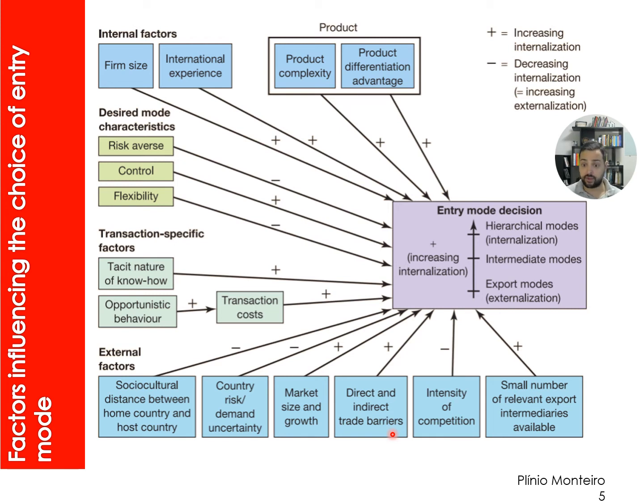Because if you try to export to that country, or to use even some intermediate entry modes, the country can create barriers that will diminish, that will vanish your profits. In that case, it's very common to establish a more risky entry mode using a more internalized approach, like the hierarchical modes or some types of intermediate modes.